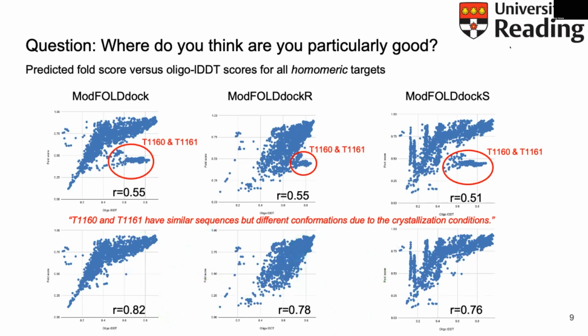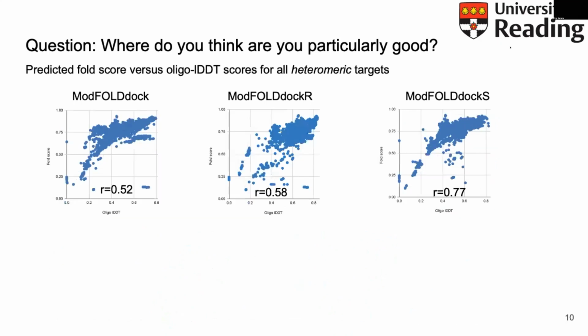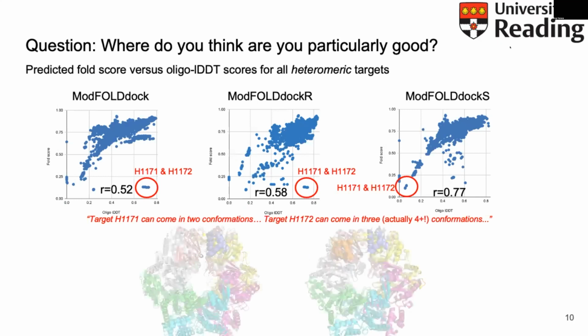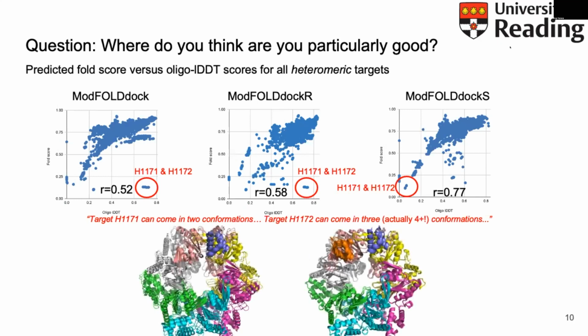Okay, so this next slide basically shows the same thing, but for heteromeric targets. Again, the correlations initially seemed a little bit disappointing to us, a little bit low, but then obviously there were these outliers here, which are H1171 and H1172. And again, the assessors told us that H1171 and H1172 can come in multiple conformations.